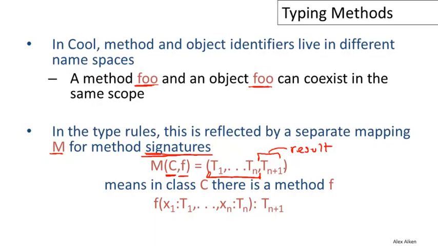So we write the method signature as a tuple or a list of types. An entry like this in our method environment just means that f takes in arguments with the respective types and returns something of type Tn+1.